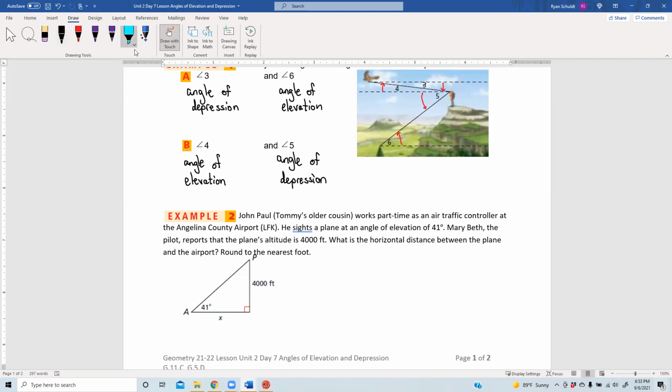Okay, so yes, they give us a word problem, but once you get your picture drawn, it goes back to what we've done in the past. They want the horizontal distance. There we go. So then what's next? Label your legs.